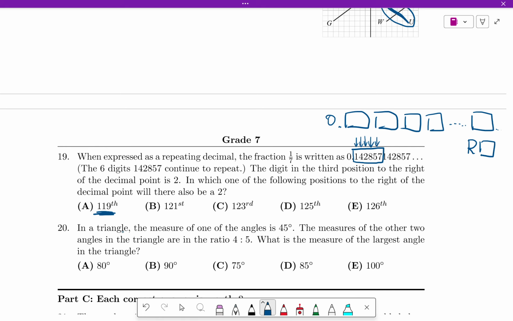For example, for option A, 119 divided by 6 gives 19 remainder 5.